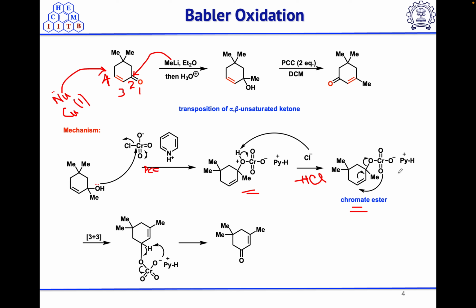Now a 3,3 sigmatropic rearrangement will happen. If you say this oxygen is 1, this chromium is 2 and this oxygen is 3, and this carbon is 1, this is 2, and this carbon is 3, then the 3,3 sigmatropic rearrangement will happen under heating.